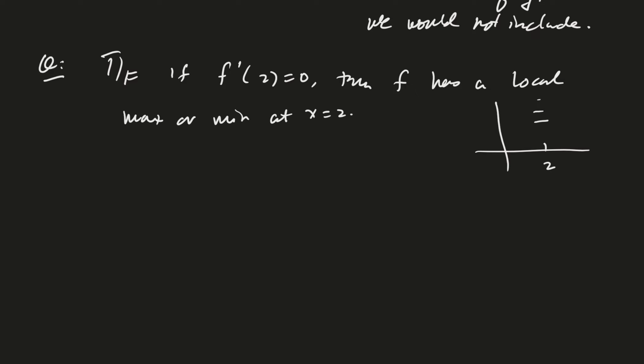I don't know where. But does that necessarily mean you have a local max or min? What are some possibilities here? You could have a function that looks like this, in which case you would have a local min, or you could have a function that looks like that, where you have a local max, or you could have a function that looks like that, where you just have a plateau, right? And so in this case then we would say, no, this is false. Maybe neither local max or min. Good.